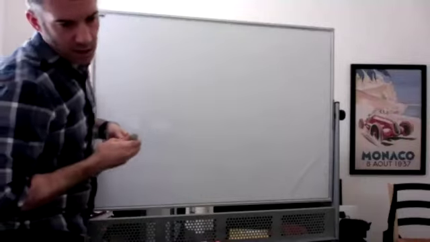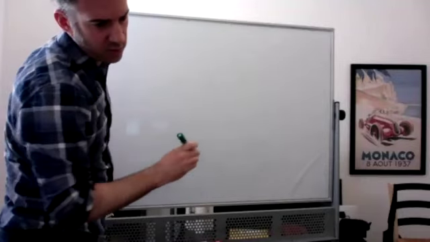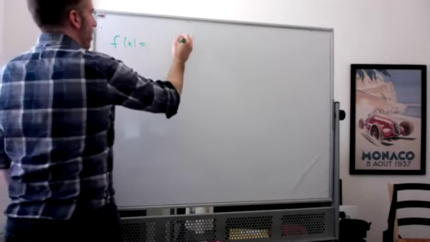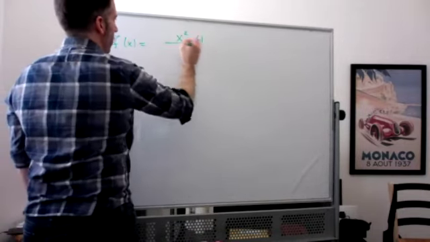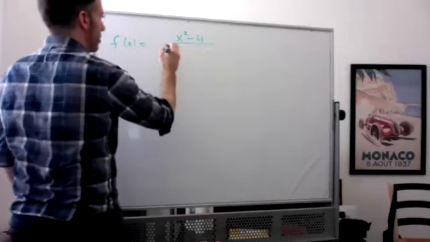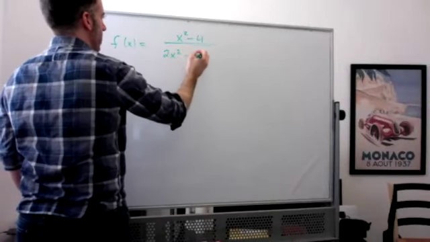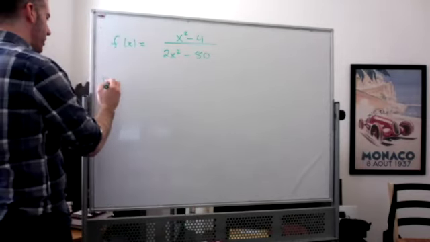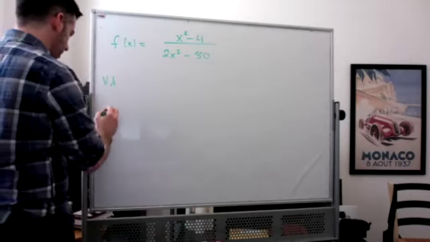So I want to know about this function, f of x equal to x squared minus 4 over 2x squared minus 50. I want to know what my vertical asymptotes are, what my horizontal asymptotes are.